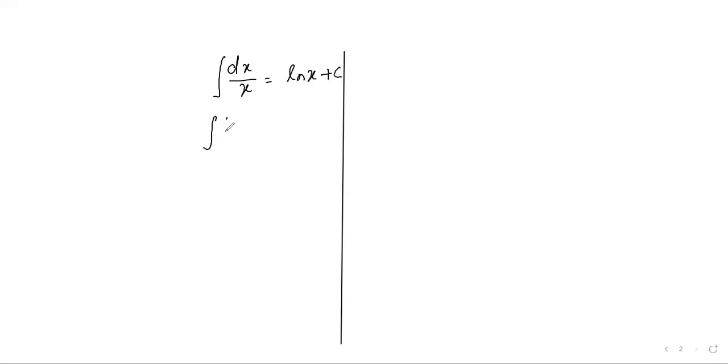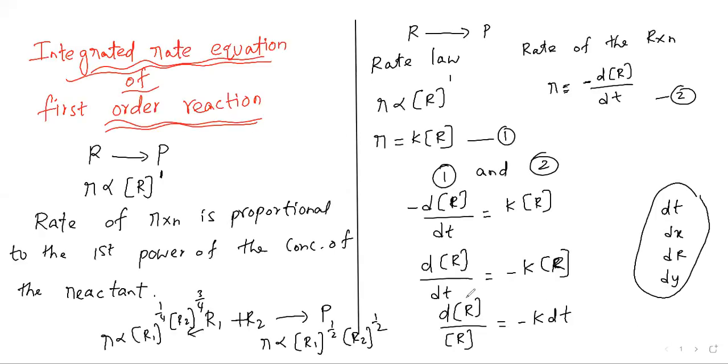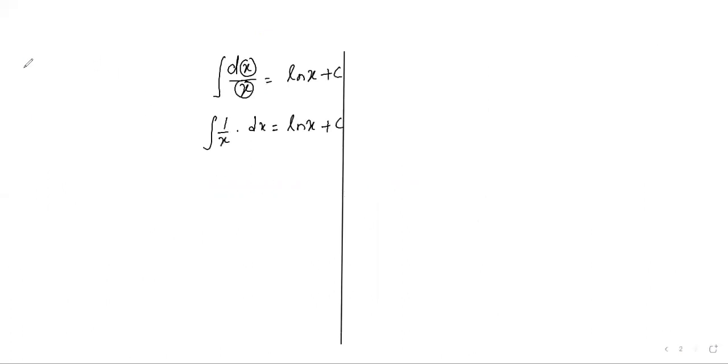You must have learned it like this: 1 by x into dx equals ln of x plus c. The same thing we have with respect to R, and R is in the denominator, so you will write ln of R.